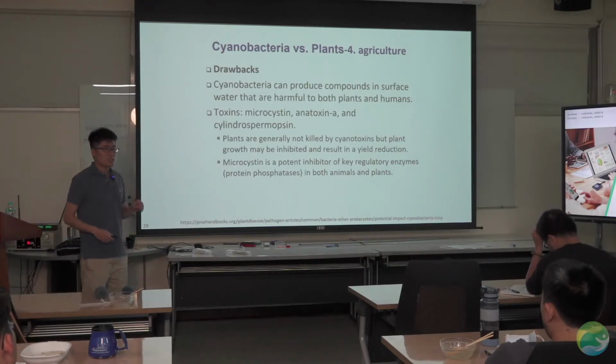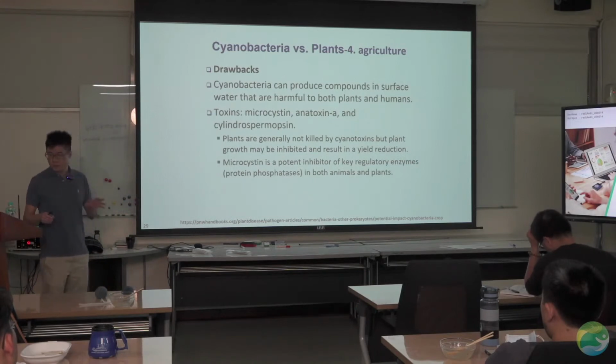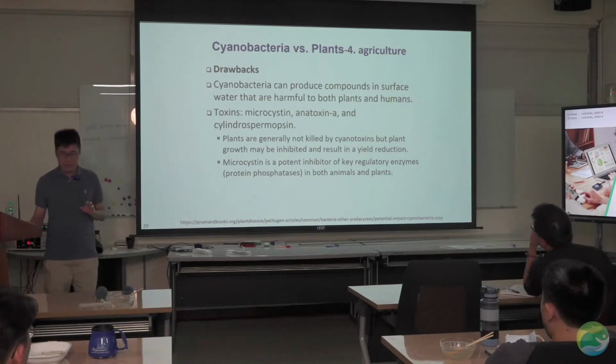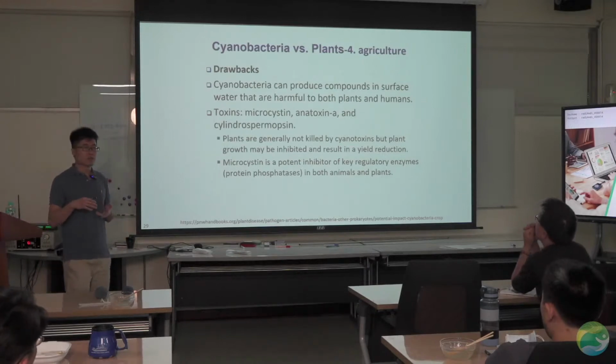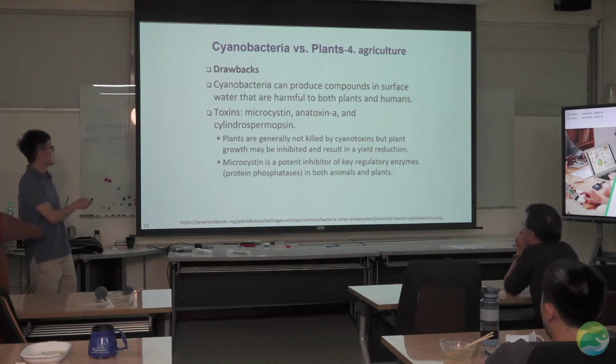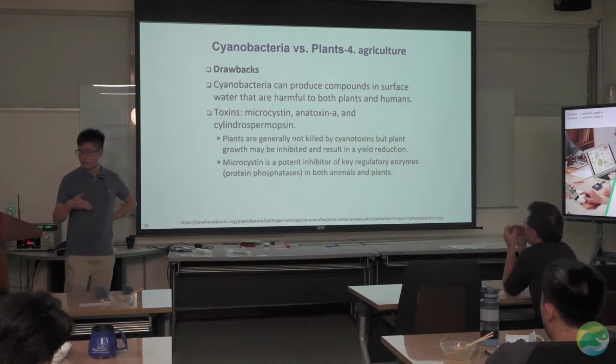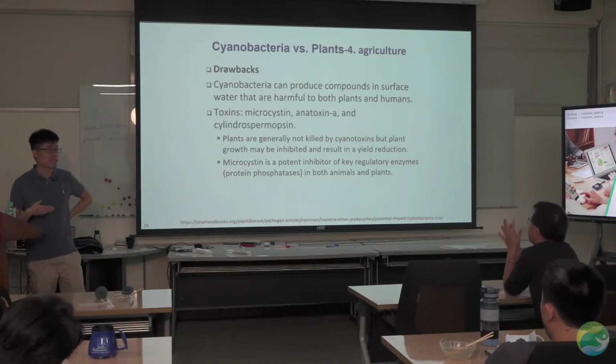Because some cyanobacteria, not all cyanobacteria are good. For the good ones, I mean they are not toxic to humans. But some cyanobacteria can produce compounds that are toxic to humans or animals or plants.